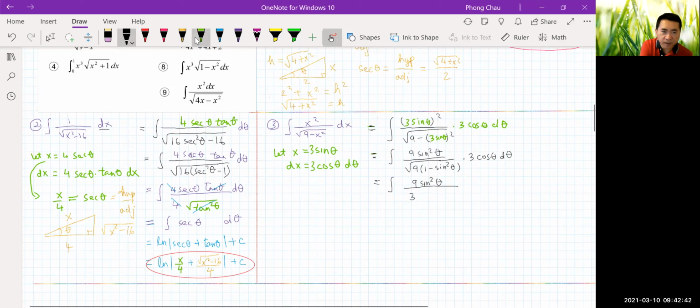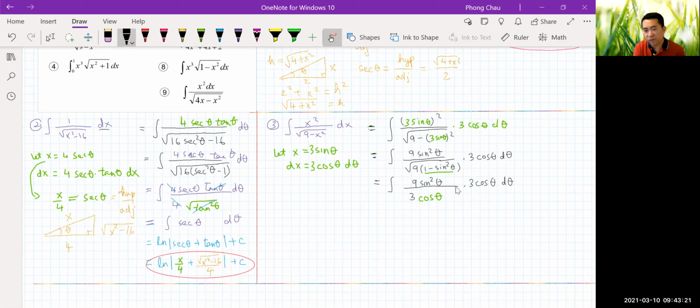Now 1 minus sine squared by the trig identity is cosine squared, but the square root of cosine squared becomes cosine. This is why we do the substitution by choosing 3 sine theta. So we have identities to apply, and we can simplify the radical. You see the radical is gone because we have perfect squares in the radical.